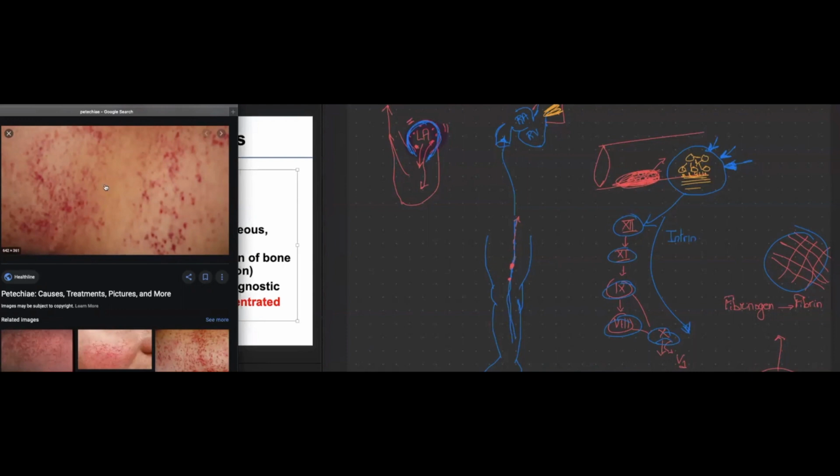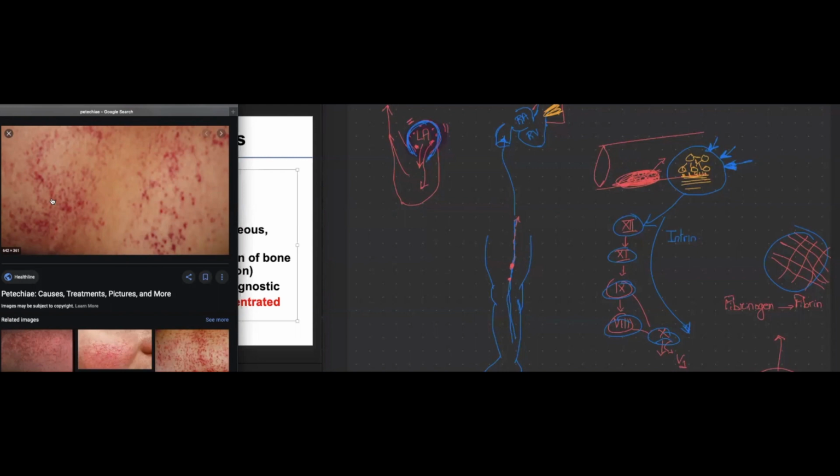So I have tiny vessels rupturing and they don't get sealed by the platelet plugs. So I have this tiny amount of blood moving within my skin. And when I press on those spots here on this rash, it doesn't go away like if a person has allergy, for example.